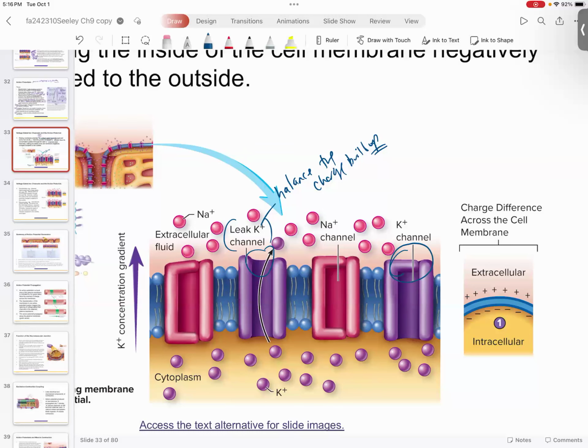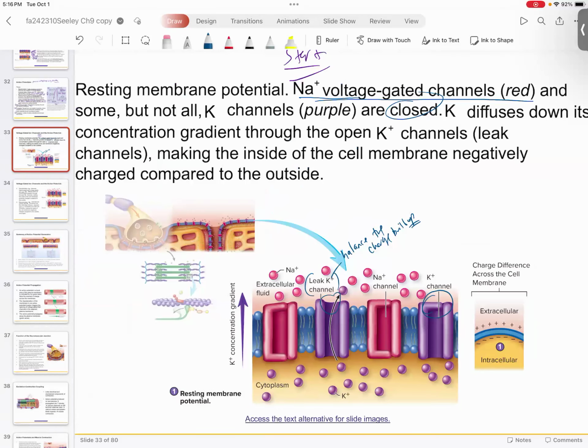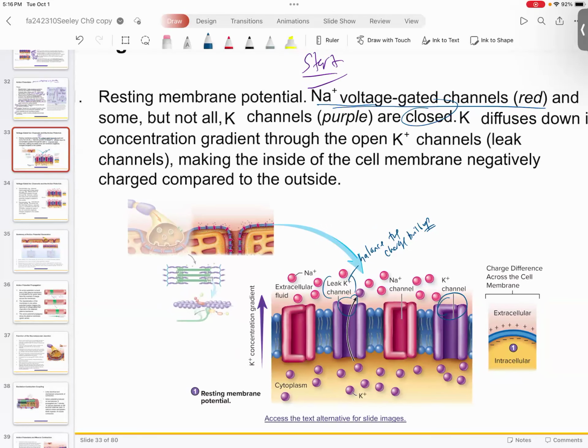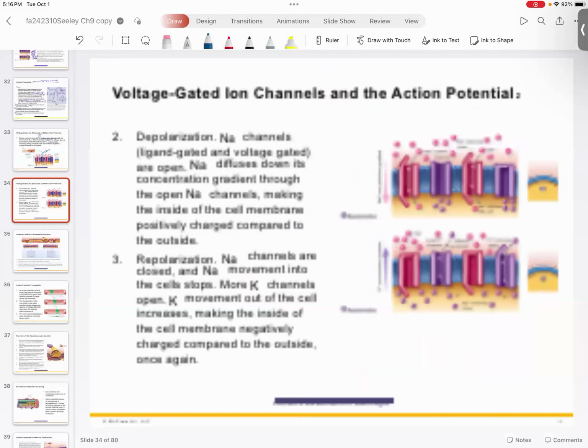You don't want to create a situation where you have too much positive charge built up. And so this is what you have at rest. You're maintaining this sodium gradient, and then that resting membrane potential.